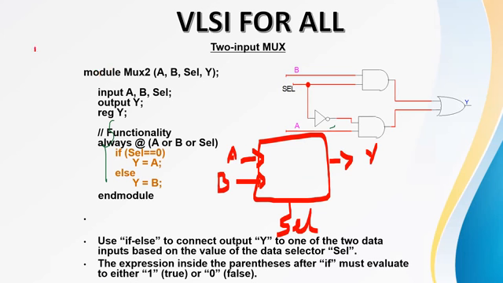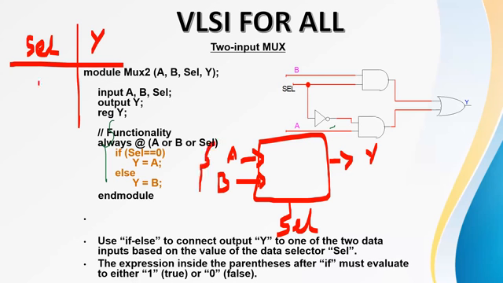Okay, I'll write it here: select line and Y. We are not considering these two, A and B, as inputs, because I'll show you. For select line 0, we'll get the output as A because this one is selected.